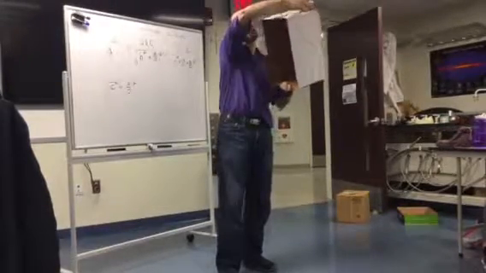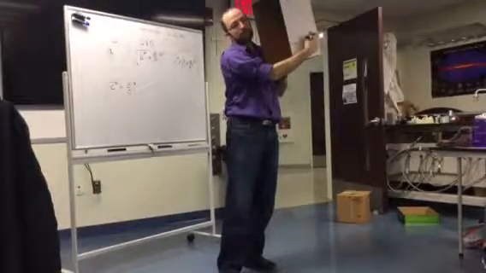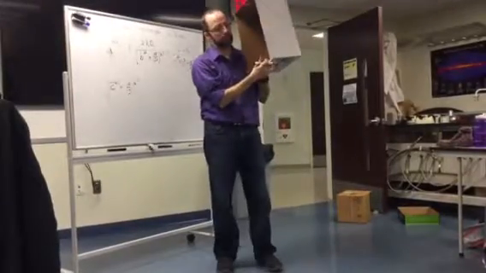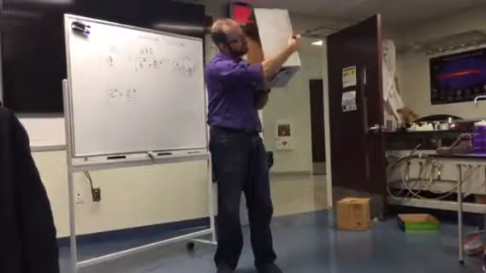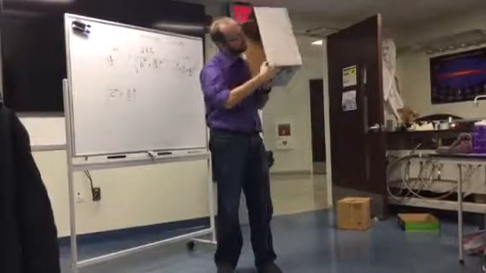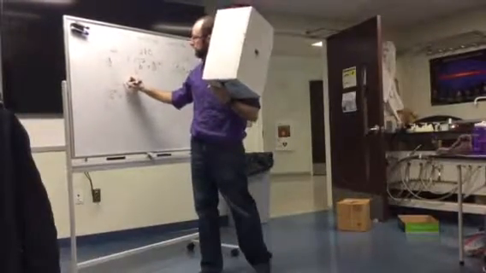Towards the front of the cube, then down a over 2 gives me that diagonal. Same thing from the back, from this corner. I go up, I go in, that gets me that diagonal. There are 2 of those.